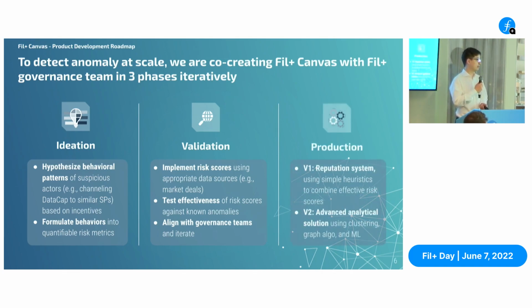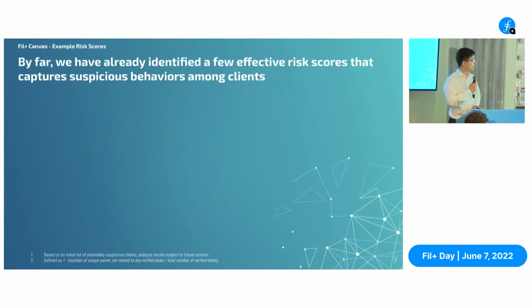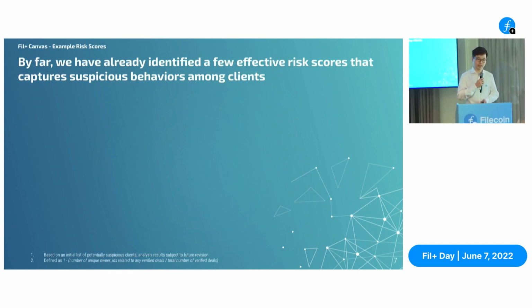And finally, what we are thinking in terms of production is V1 is a simple reputation system, which could be a weighted average of the most effective risk scores, versus V2, a more advanced analytical solution to do clustering, graph algorithms, even ML on top of these risk scores. So by now, we have already identified quite a few effective risk scores that can detect this set of suspicious behaviors within the ecosystem.